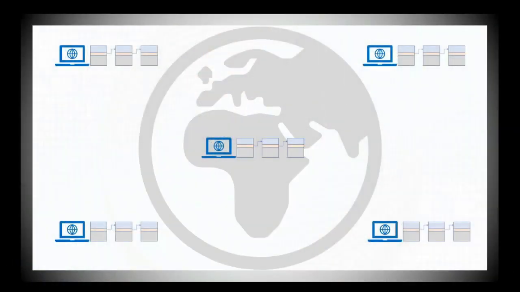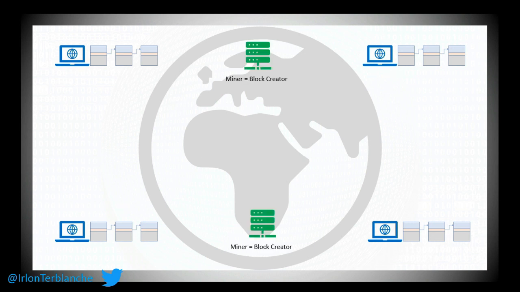Let's quickly go back to full screen mode and just talk about this with a little bit of visual aid for you guys. So imagine that we have a global network of participants on the Bitcoin network, and we have transactions being generated through all of the participants that are sending Bitcoins to one another.